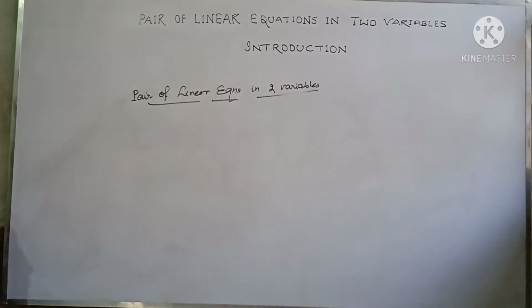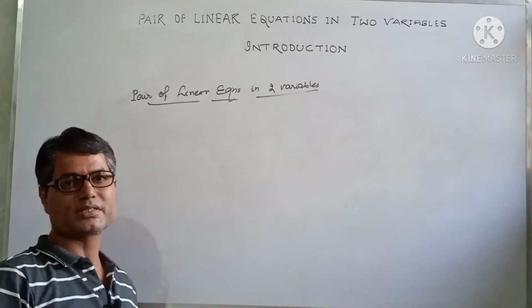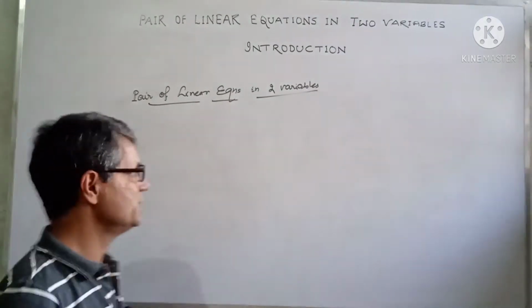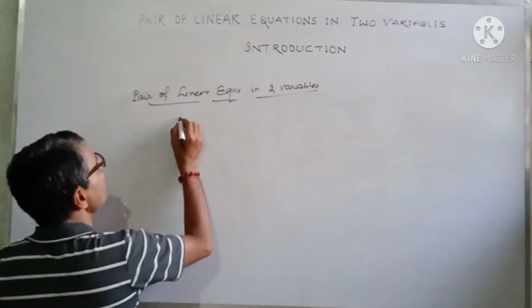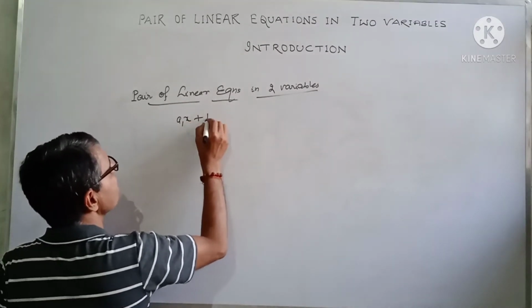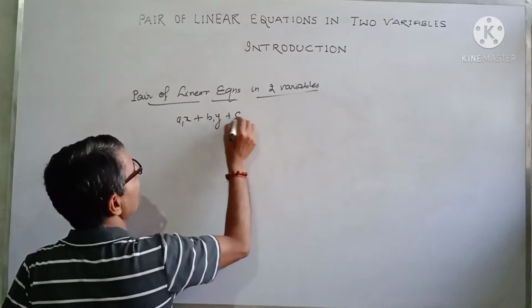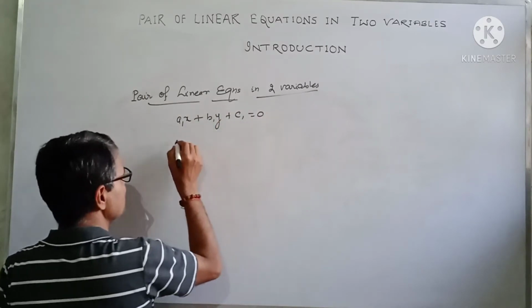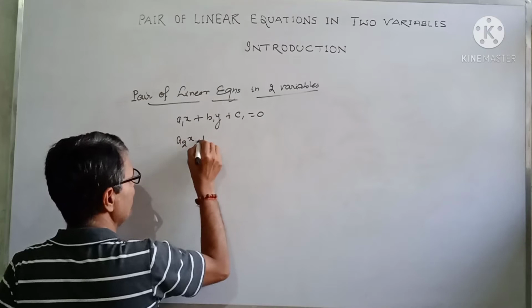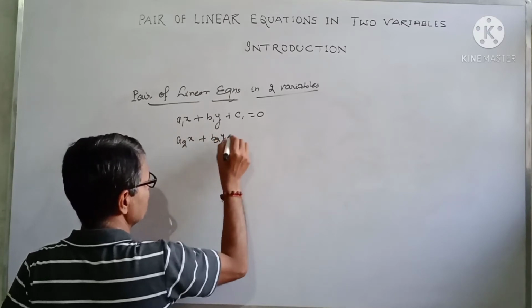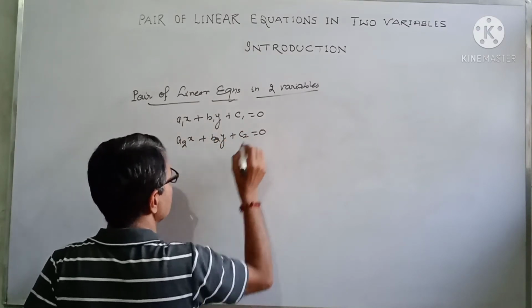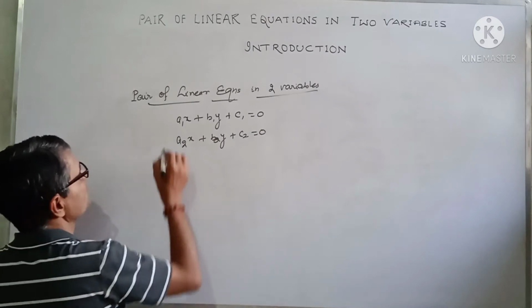The standard form of a pair of linear equations in two variables is a1x plus b1y plus c1 is equal to 0, a2x plus b2y plus c2 is equal to 0.